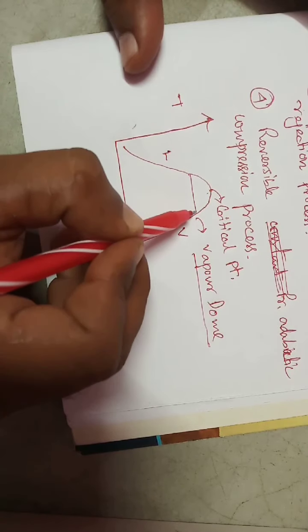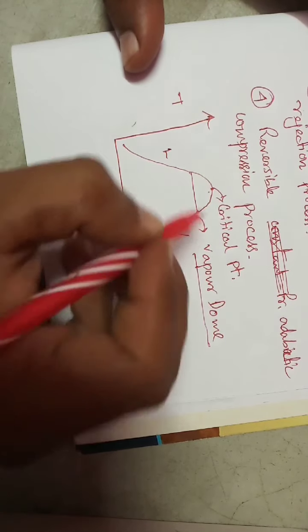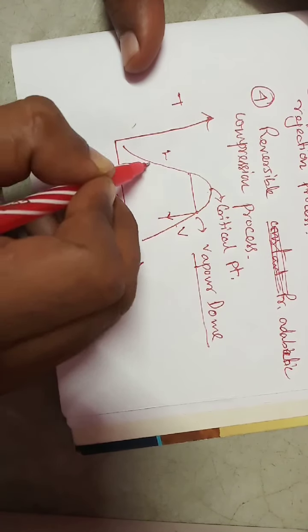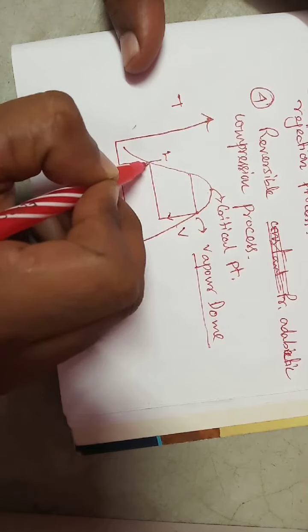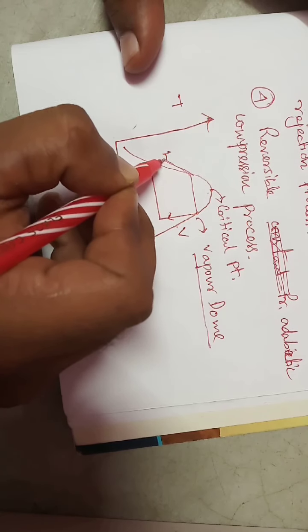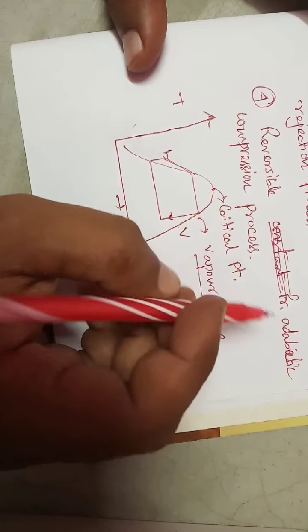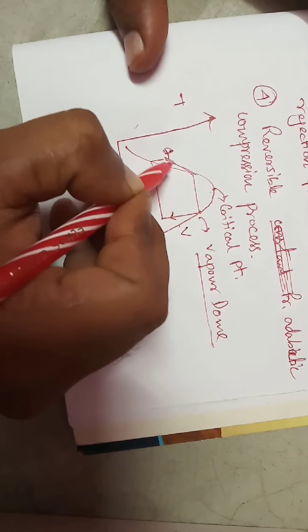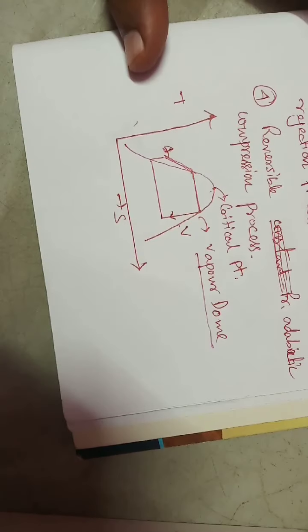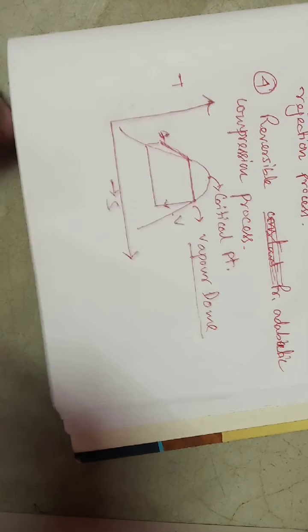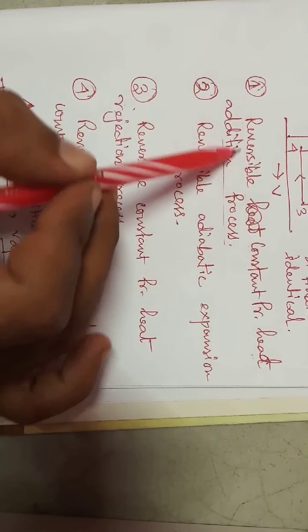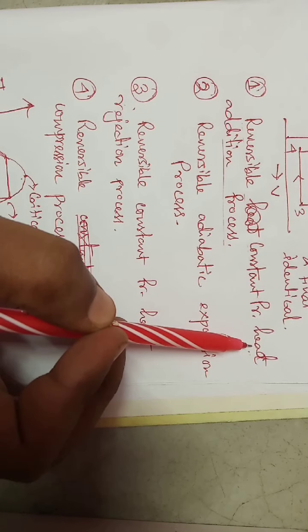If the condition is at first an intro, then later on I will make you understand. So if initially the condition is 1 here, it is a reversible constant pressure heat addition process. The first process for the Rankine cycle is a reversible constant pressure heat addition process.